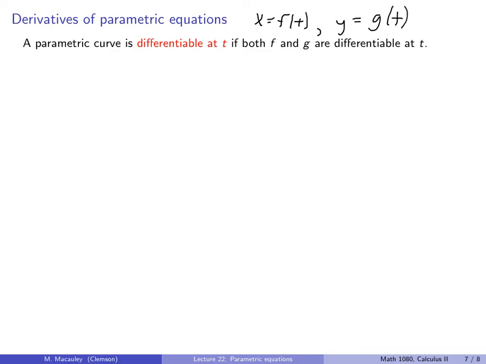So let's suppose f is differentiable. In that case, by the chain rule, dy/dx times dx/dt equals dy/dt.